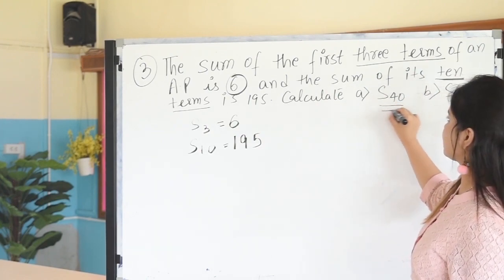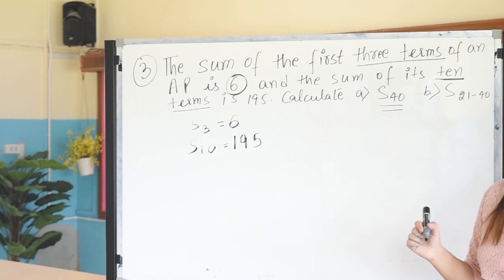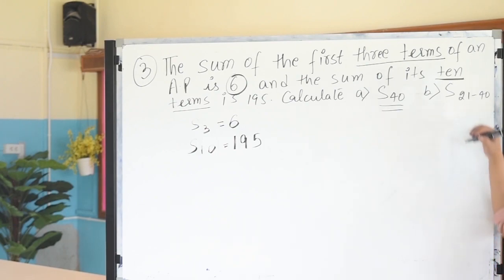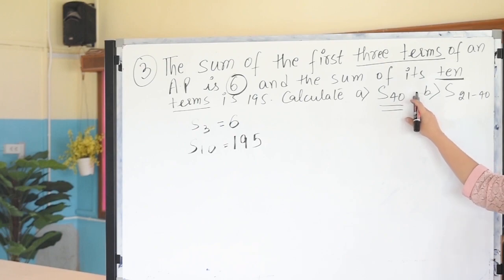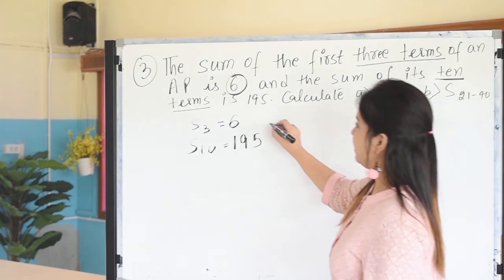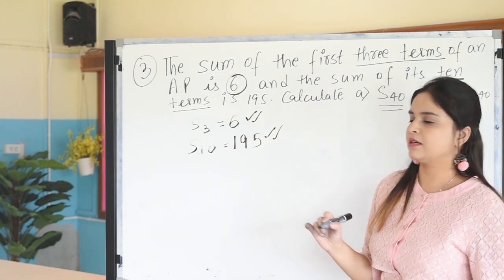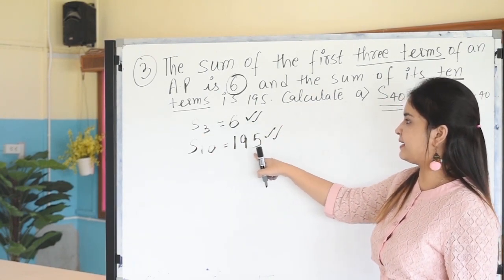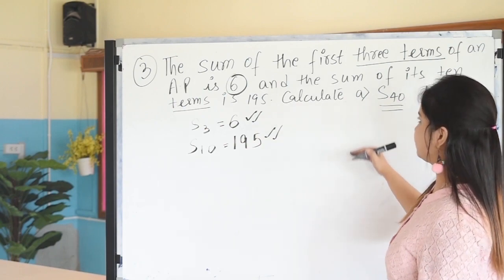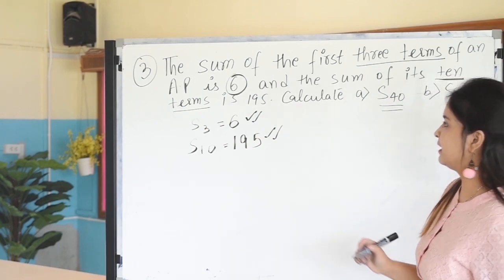You have to find the sum of first 40 terms. And in the next part, you have to find the sum from the 21st term to the 40th term. Let's start with the first part. You have to find the sum of first 40 terms. Now, using these two expressions, S3 is 6 and S10 is 195, you have to find S40.